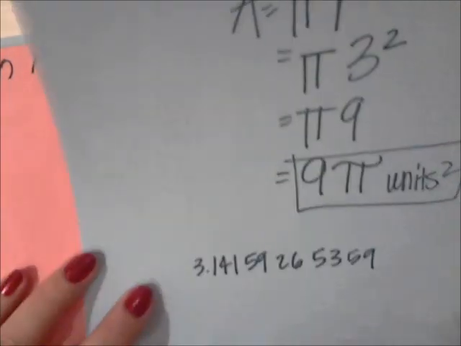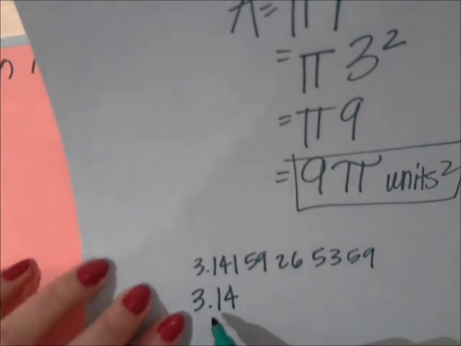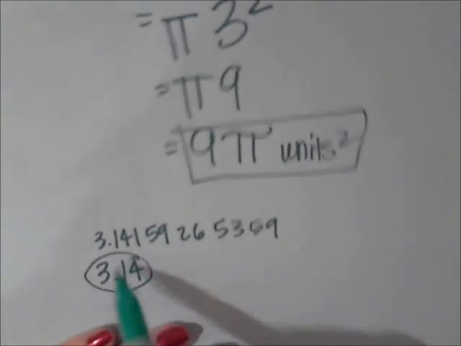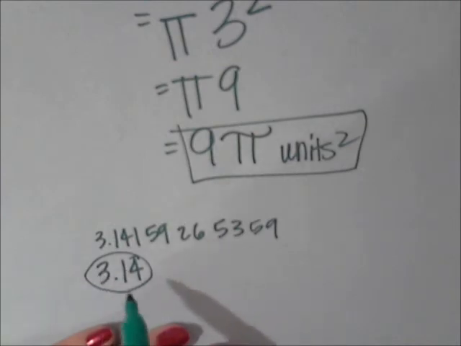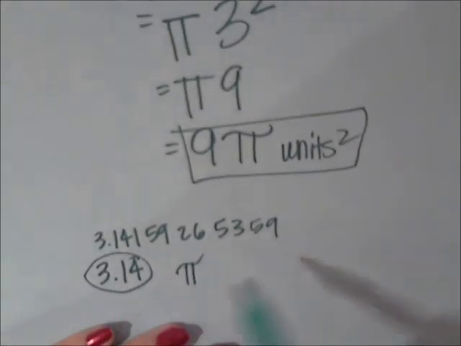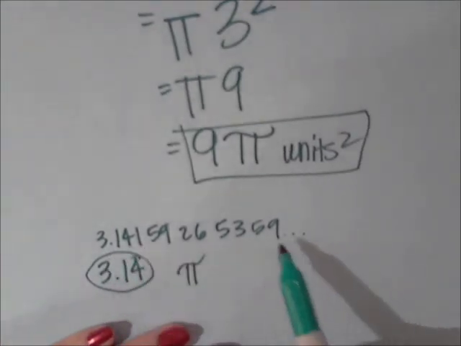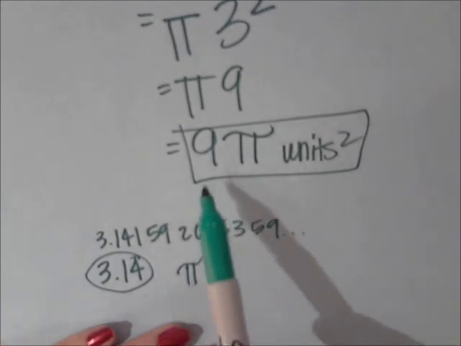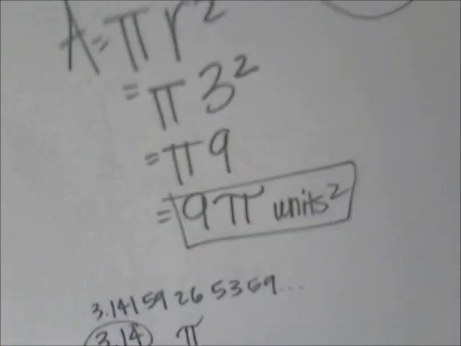And when we simplify or round it to 3.14 and use it in all of these problems, you can see that this is not the exact number. It has been rounded. So when you leave pi alone, you are saying that this number is this long number and all of the numbers that come after it. That's why we refer to 9 times pi, in terms of pi, as the most exact answer.